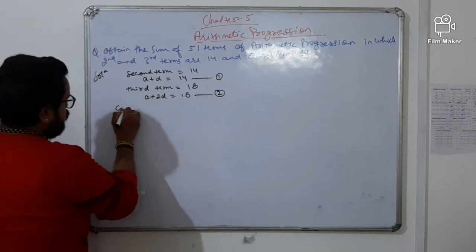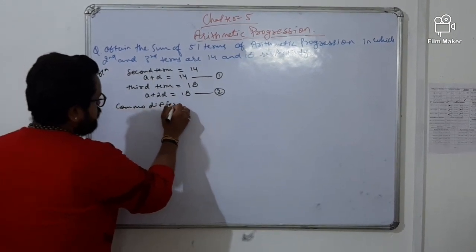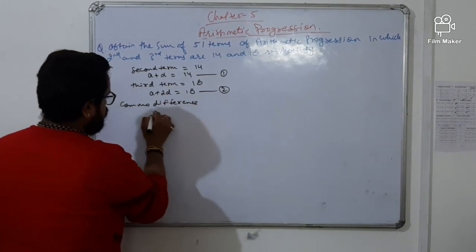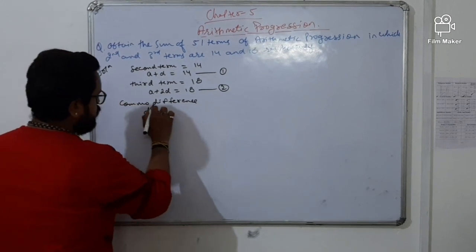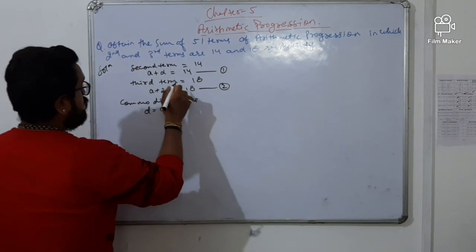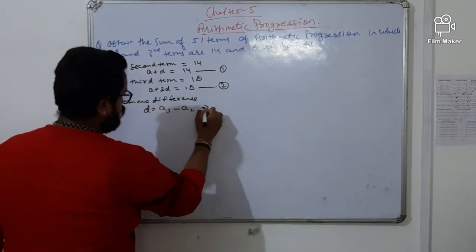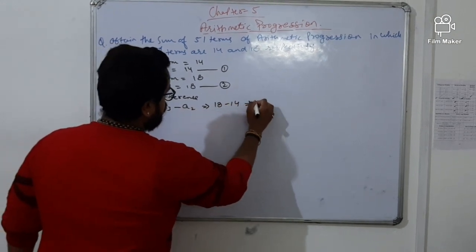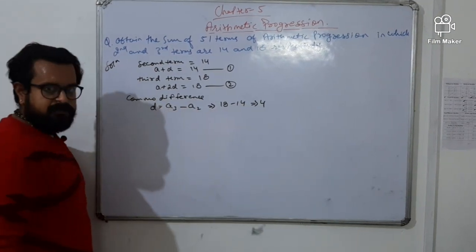Now, what is the common difference? The common difference is the second term minus the first term, and also the third term minus the second term. So the third term is given, that is a3, and the second term is also given, minus a2. So a3 minus a2 means 18 minus 14, and we get 4 as d. d will be 4.